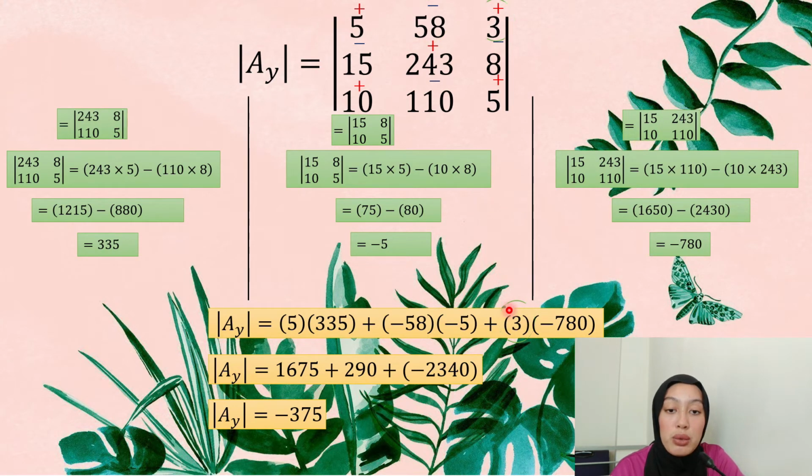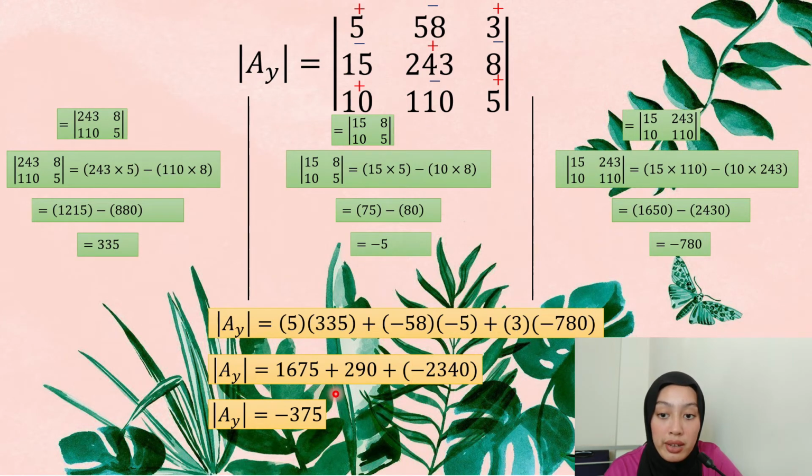So next we will solve this solution with 5 times 335. We will have 1675. Then next we plus with negative, and then we have negative 58 times negative 5, and lastly we have 3 times negative 780 and it will give us the answer of negative 2240.